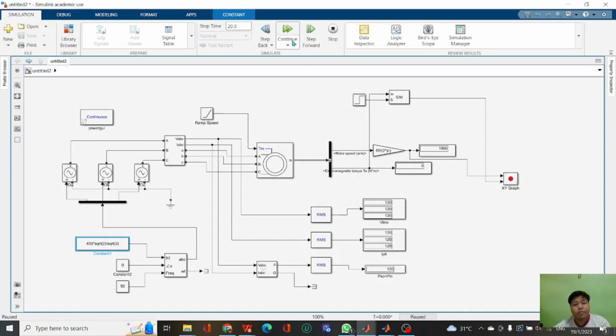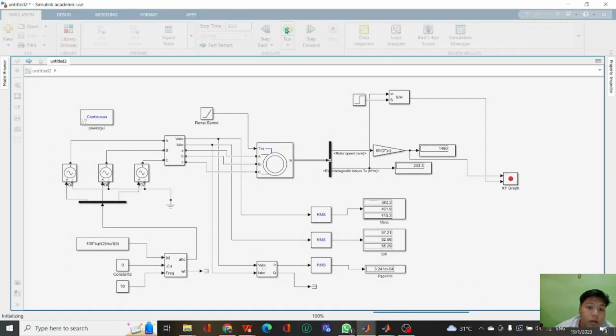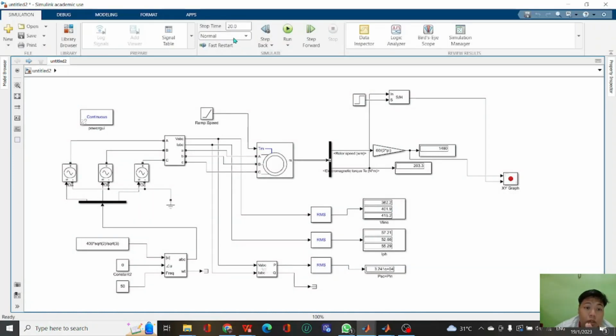Okay, set the constant of the 400, and then dot with 0.04, 50 hertz, and then okay we must run. Okay, we must make sure the stop time is 20, to get the right reading.